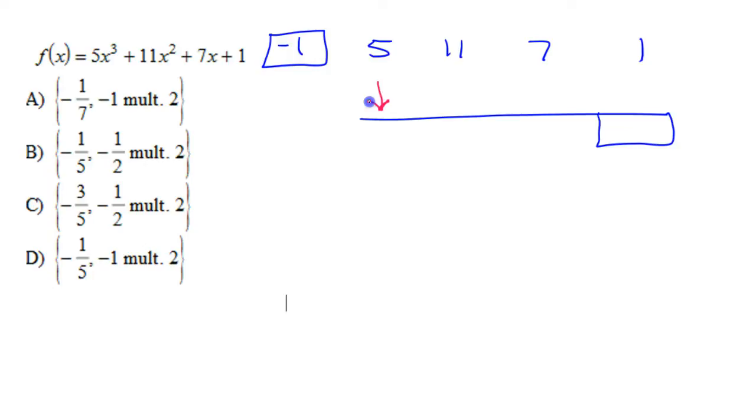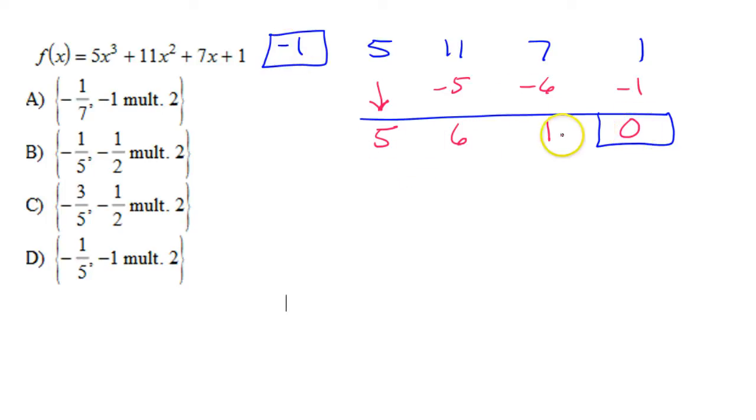So I will bring down that 5. 5 times -1 is -5. Add these up and you get 6. 6 times -1 is -6. Add these up and you get 1. 1 times -1 is -1. Add these up and you get 0. Anytime you pull a 0 off your calculator, you should get 0 as a remainder.